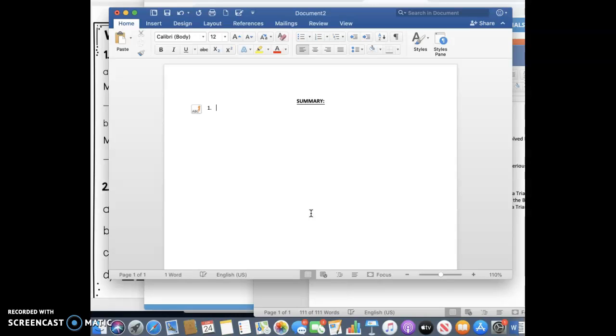When we're writing our summary, the very first thing that we want to do is state the book that we read. So you read The Unsolved Mysteries of the Bermuda Triangle. So we're going to state the book read. Let's say that I read a book on lizards, and the book was called The Amazing World of Lizards.